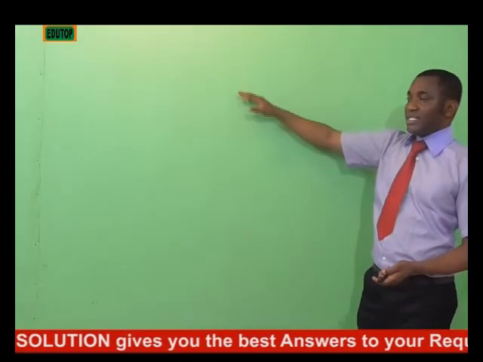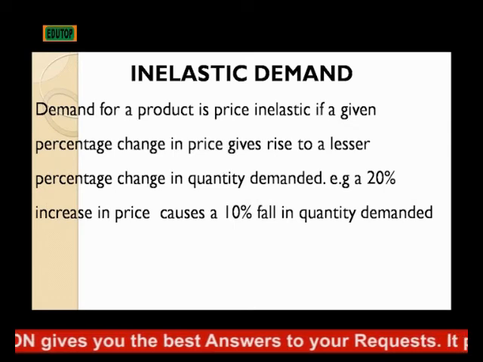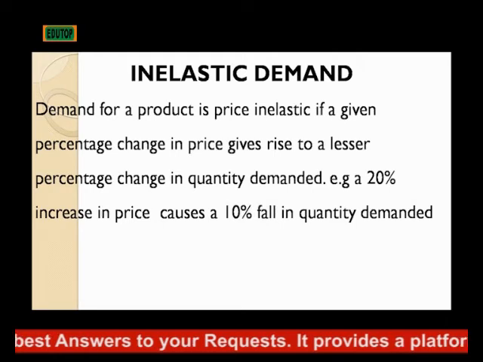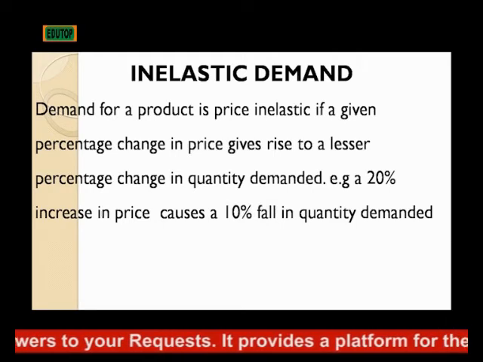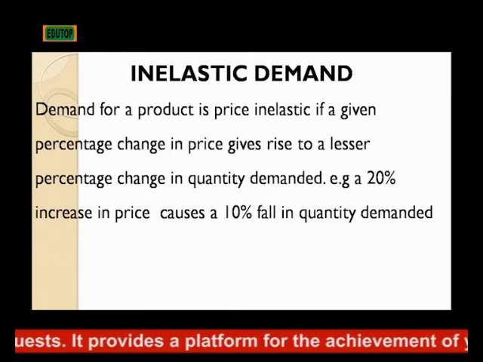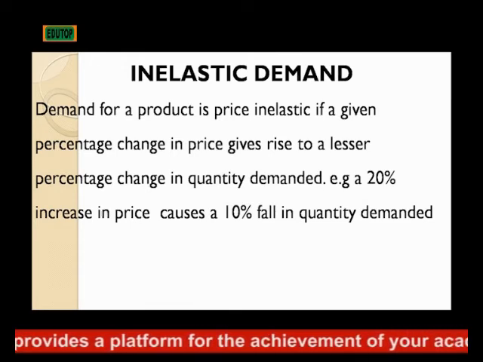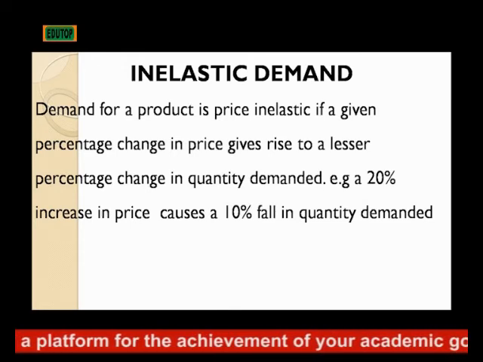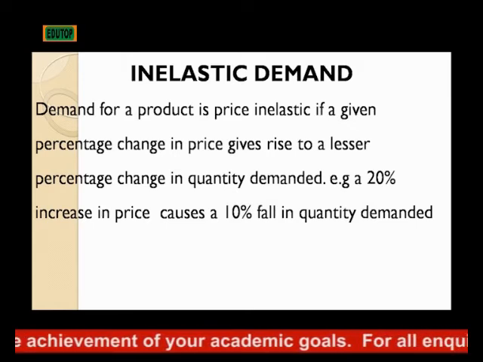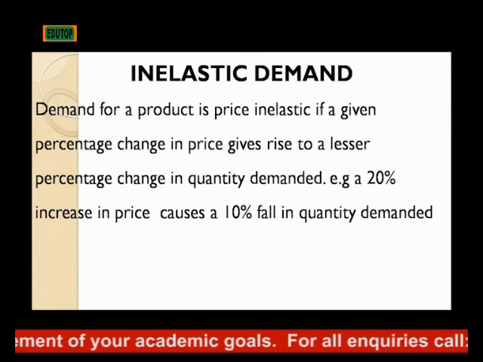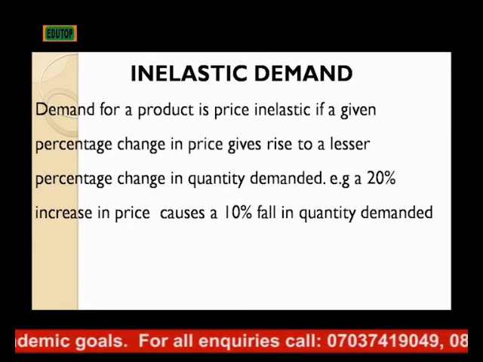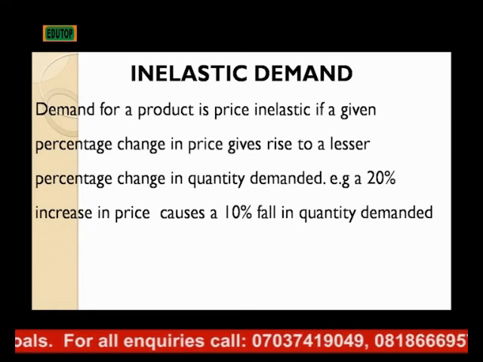The second one is inelastic. When we say demand is inelastic, that means a greater change in price leads to a smaller change in quantity demanded. Demand for a product is said to be inelastic if a given percentage change in price gives rise to a lesser percentage change in quantity demanded. That is, when there is a high increase in price, there is a lesser reduction in quantity demanded.